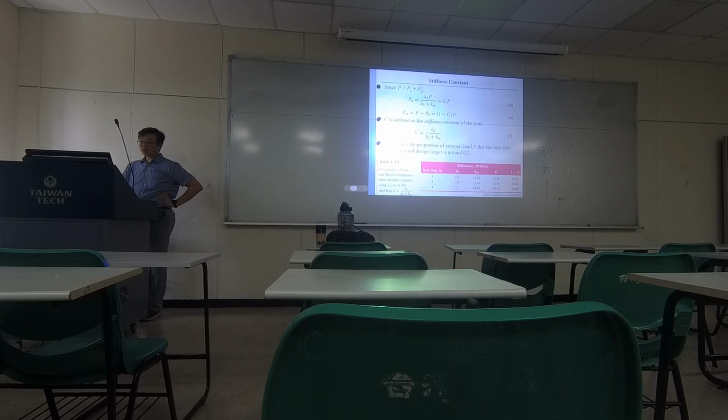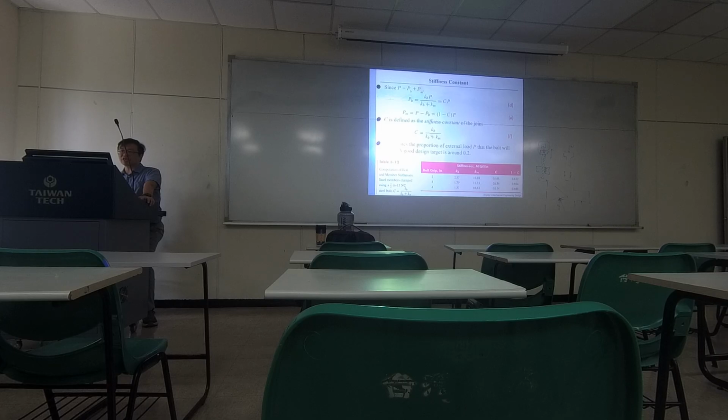So there's a table telling you different sizes of the bolt. For different bolts, basically, you can have different spring coefficients, and it computes the C value.